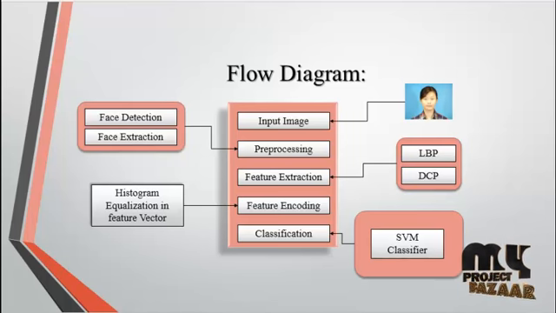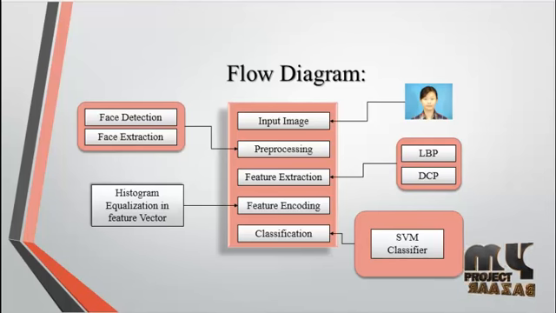In the image filtering, the filtering is applied to remove the noise from the image using the Gaussian filter method. After applying the filtering, the feature extraction is carried out. In the feature extraction, the LBP and the DCP features are extracted. Before extracting the feature, the Viola-Jones is applied to extract the face region from the background.